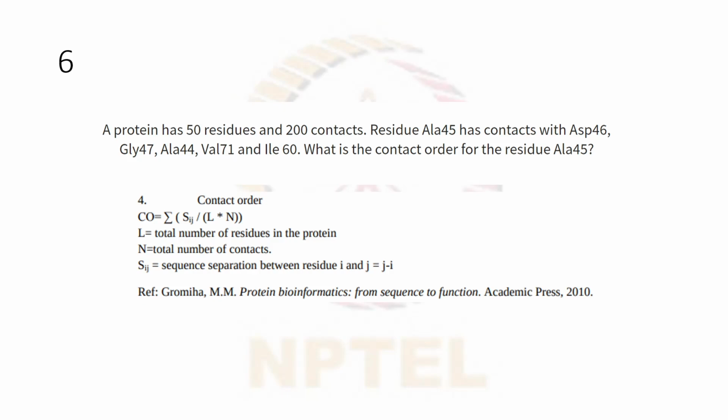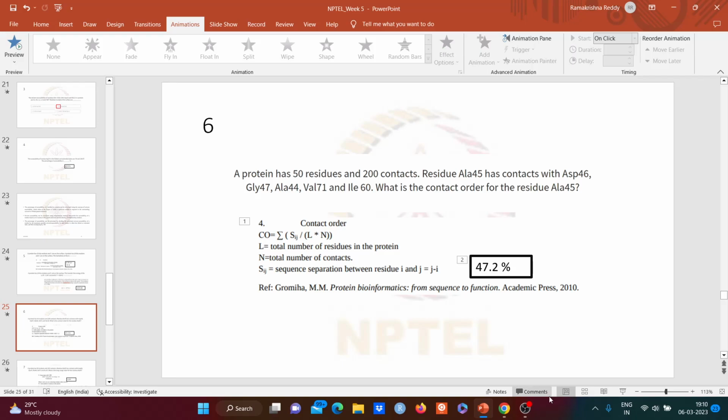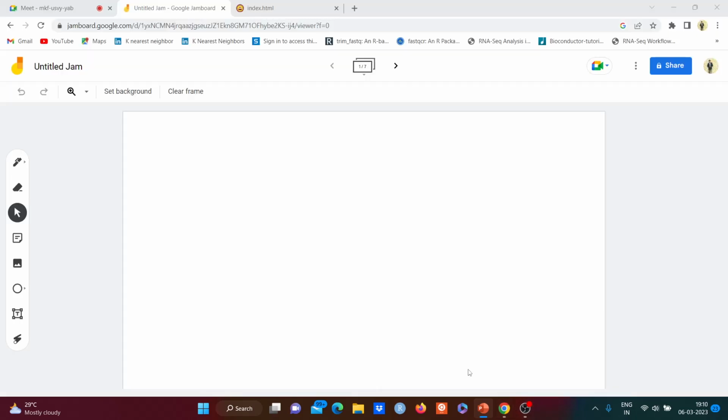Okay, let us move on to the solution. So given this, first we have to get S of ij. So our residue is 45.